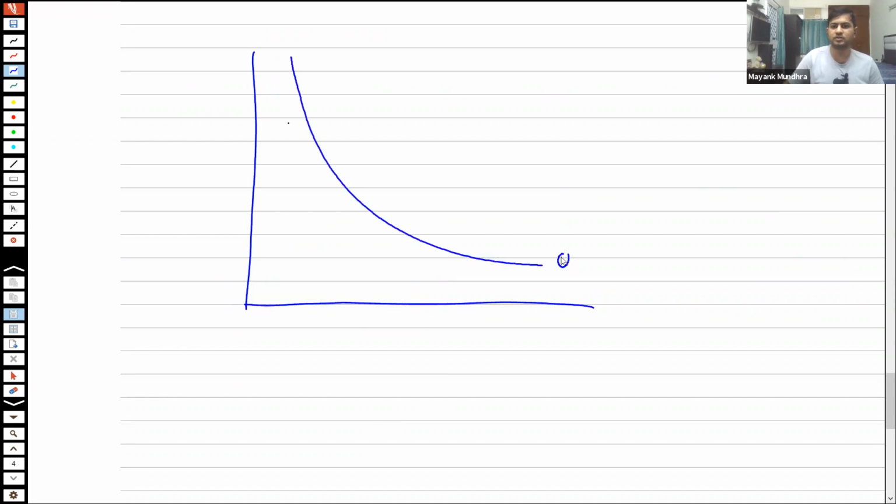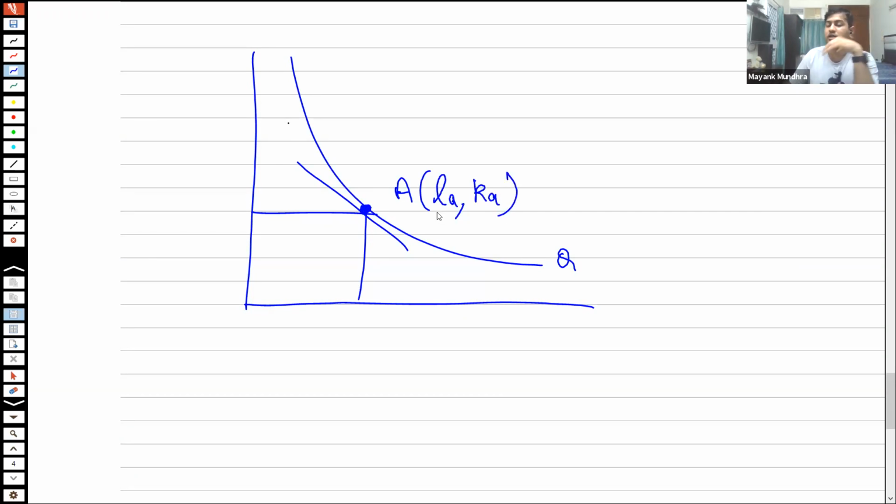Suppose to produce some quantity Q, you were choosing this bundle A where MRTS was equal to price ratio. Then even after prices double, you will continue to pick this bundle A. Suppose this bundle is LA amount of labor and KA amount of capital. So you are going to continue to pick this bundle if all prices go alpha times.